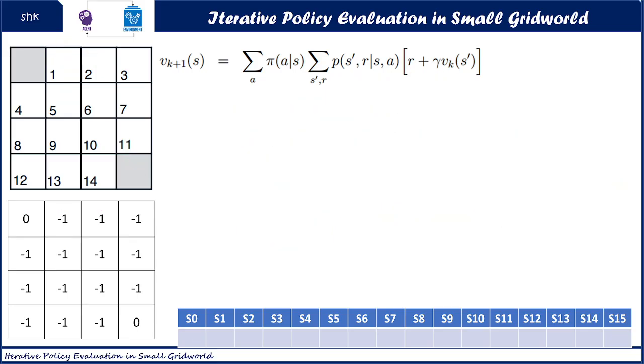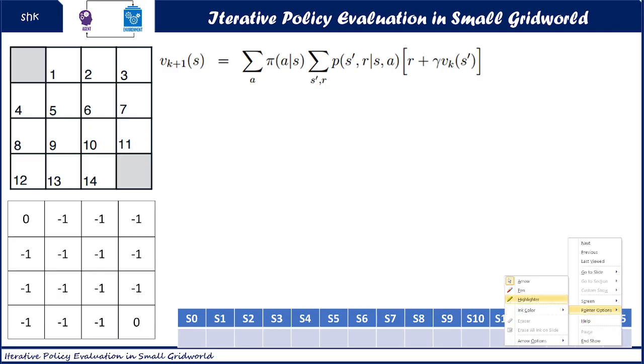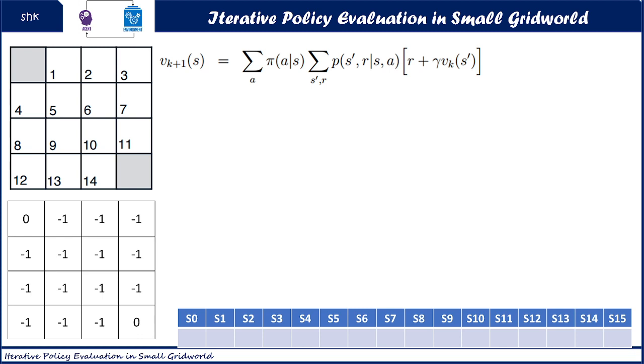Next we will evaluate the S2 state. So the value function for the S2 state we are going to evaluate. The S1 state we have already evaluated; this is minus 1.75. Now we will write V2 of S2. So for S2, the left action is the S1 state, the right action is the S3 state, the up action is S2 only, the down action is S6.